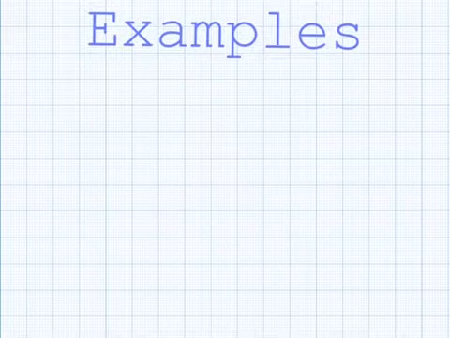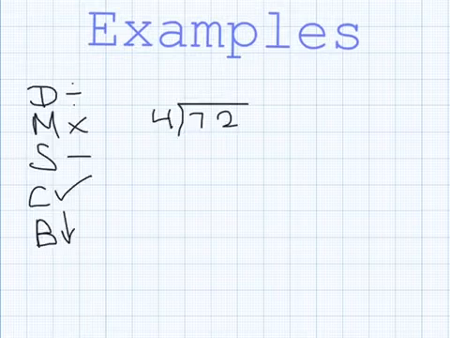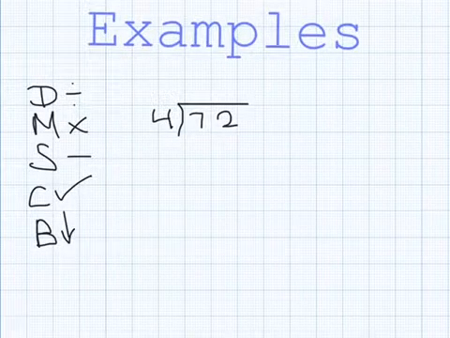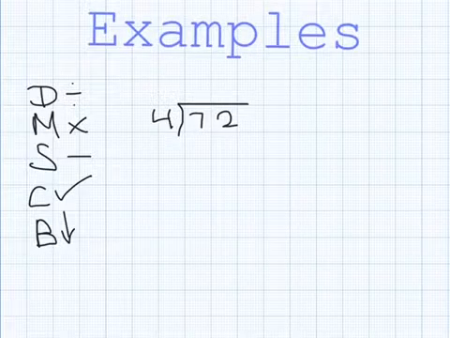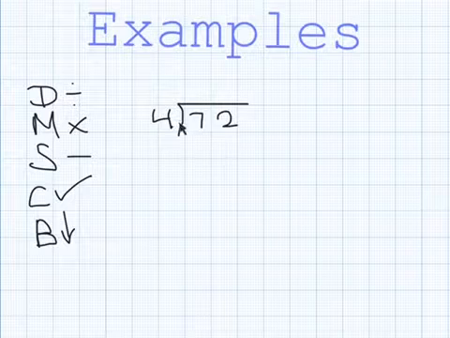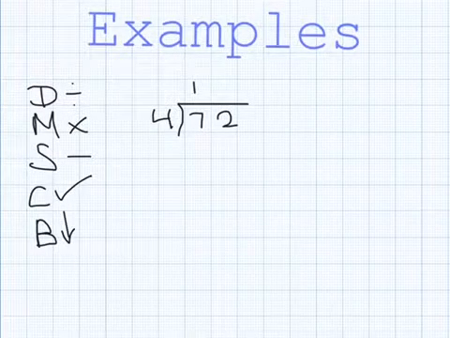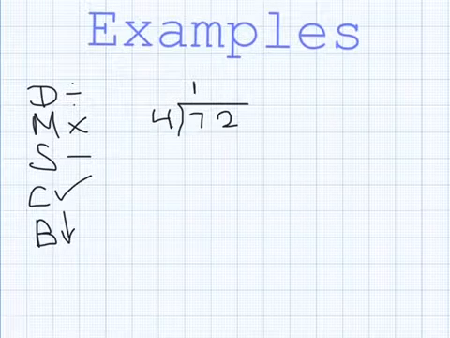Let's move on to a little bit of a harder problem. Let's start with our first step again. We have to see how many times 4 goes into 7. It goes in 1 time without going over. Now we have to multiply.